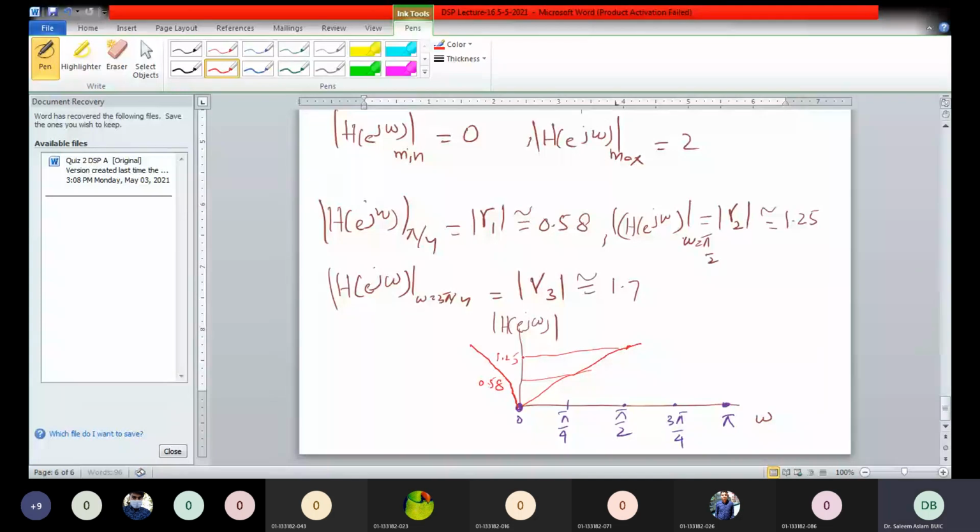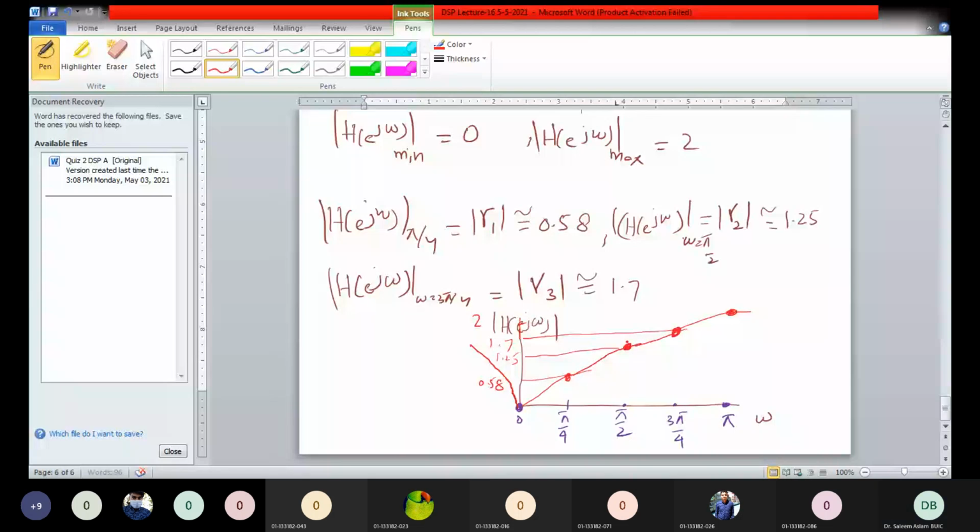And what is the value at 3 pi by 4? It's 1.7. And then it reaches the maximum value of 2. So we now have these points: this one, this one, this one, this one, and this one.